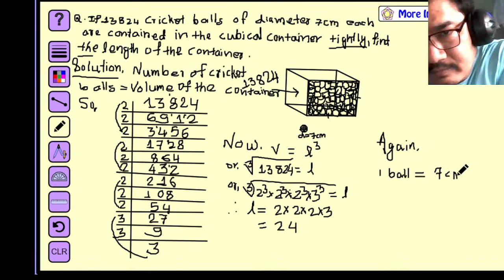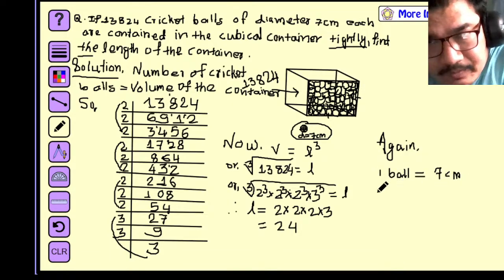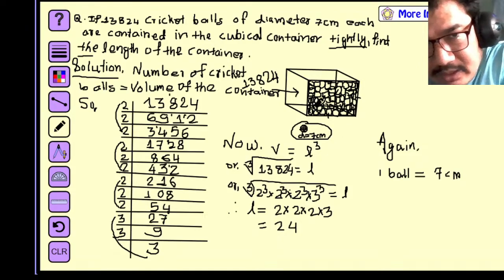As we know, the diameter of one ball is 7 centimeter. On one side there are kept 24 balls, one ball equals 7 centimeter of length, and 24 balls are coming there.